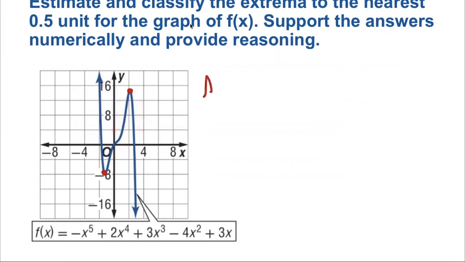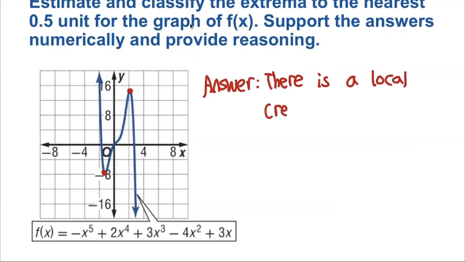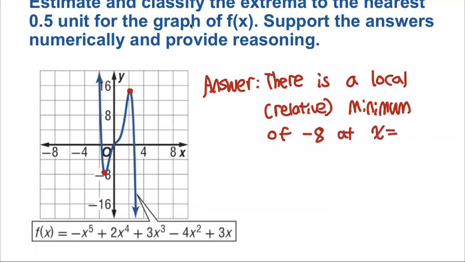So when we're writing the answer, we can say that there is a local or relative minimum of -8 at x equals, this looks like 1, right? -1, sorry.